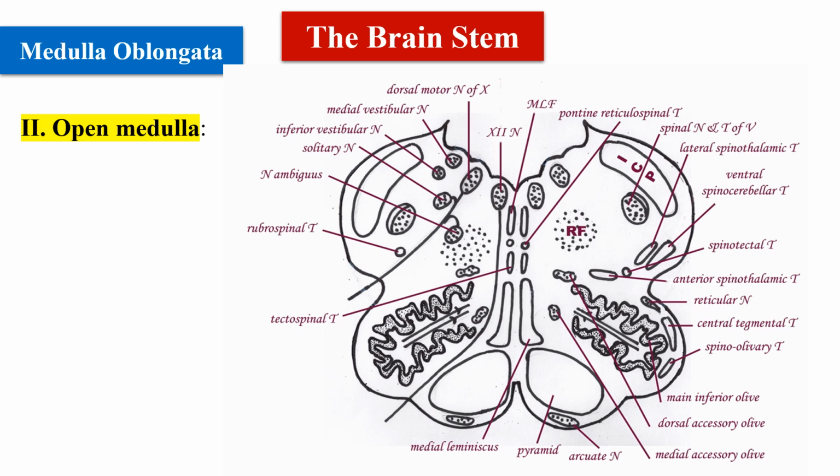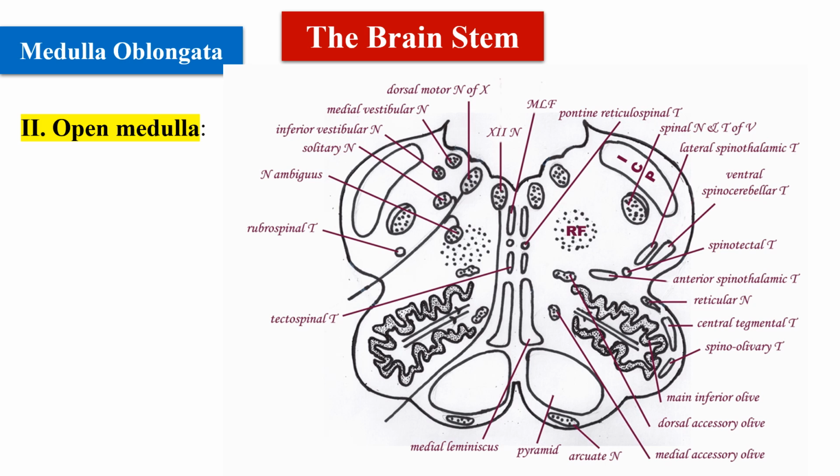Okay. Number three, from anterior to posterior, you can notice that anterior part present is its pyramid and lateral part present is its olivary complex, which is tortuous structure. This is inferior olivary nucleus or inferior olivary complex. Then finally, at the posterior aspect, this is ICP, which is inferior cerebellar peduncle.